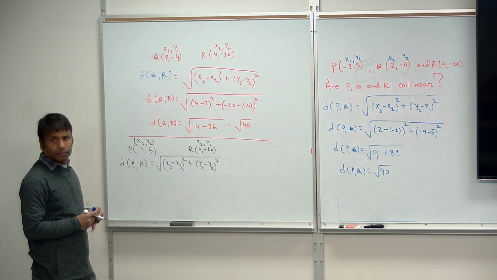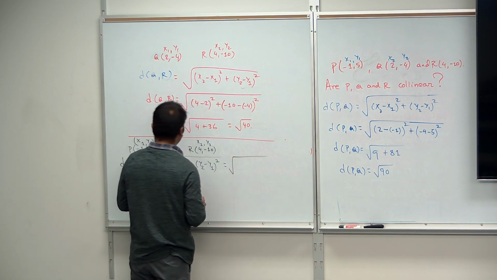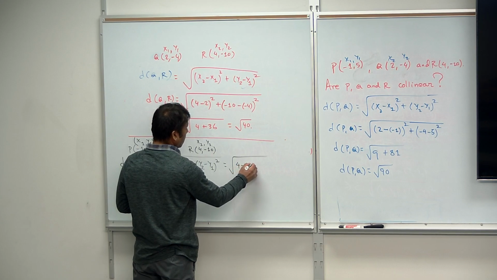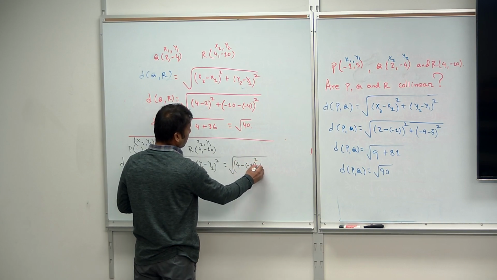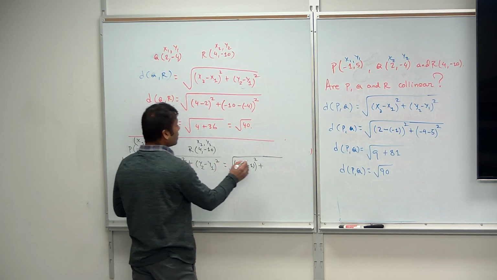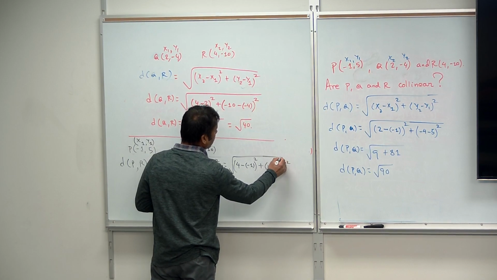Okay? So now it would be what? What is your x2? 4. 4 minus negative 1 squared plus, what is my y2? Negative 10 minus 5. Negative 10 minus 5 squared.